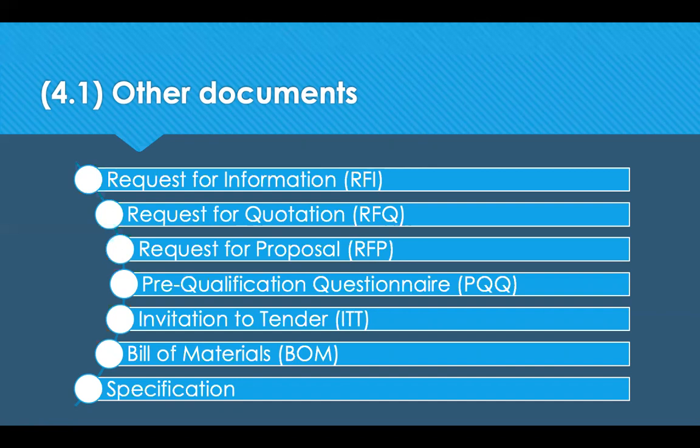A bill of materials, or BOM, is a complete list of materials and components that are required in order to manufacture something, including the quantities. And a specification, there are various types, usually conformance or performance. Conformance is technical, usually used on goods, or performance, which is outcome focused, more commonly seen in services.